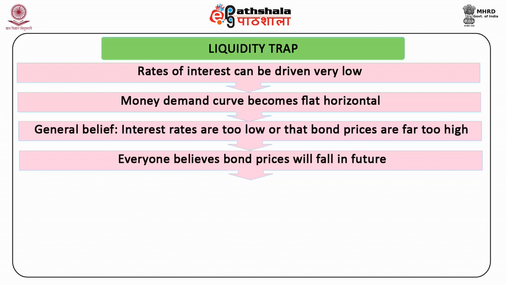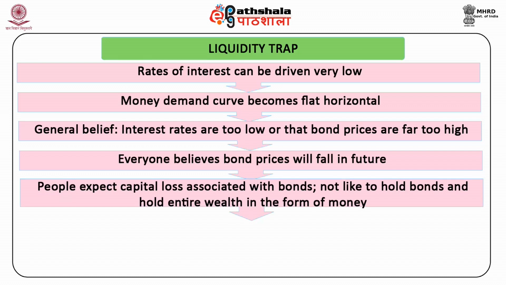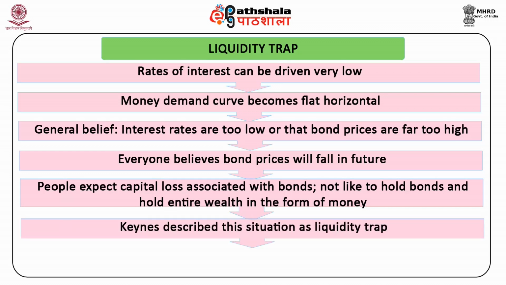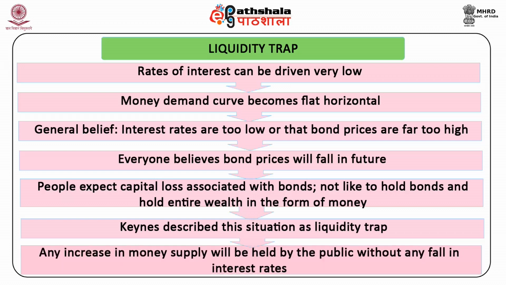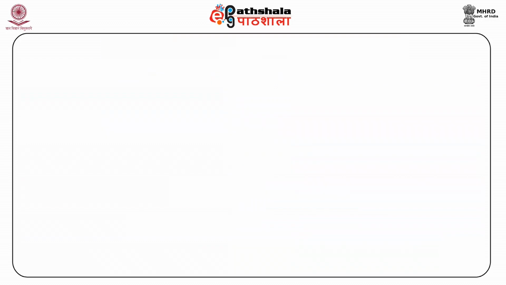In other words, people expect capital loss associated with bonds and would not like to hold bonds and hold entire wealth in the form of money. Keynes described this situation as liquidity trap. In this situation, any increase in money supply will be held by the public without any fall in interest rates.